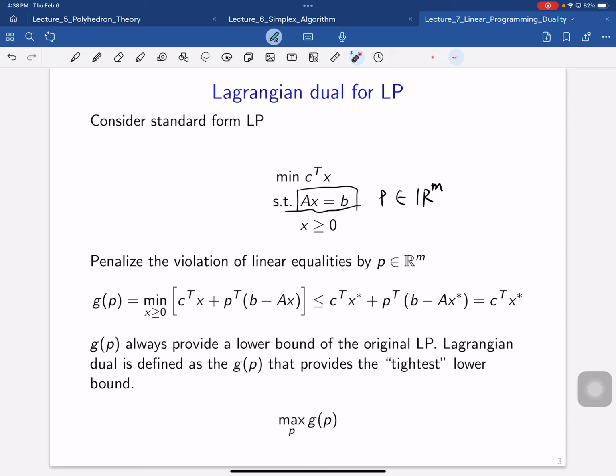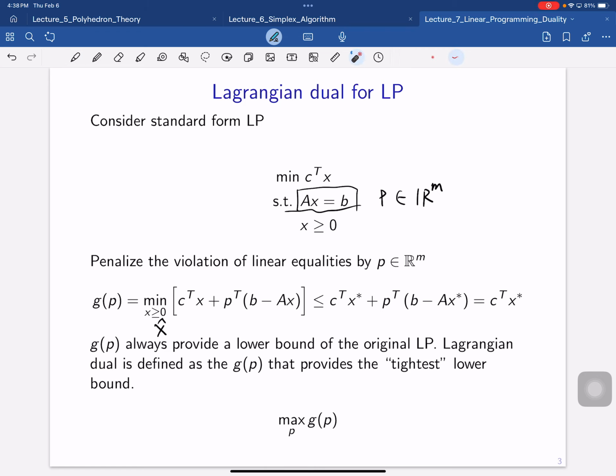Since you are minimizing over x ≥ 0 this function here, the x you pick, let's denote the x of this minimization problem as x hat. So x hat minimizes this function.